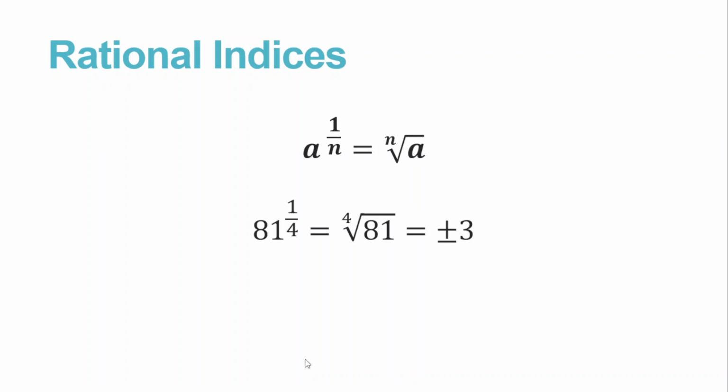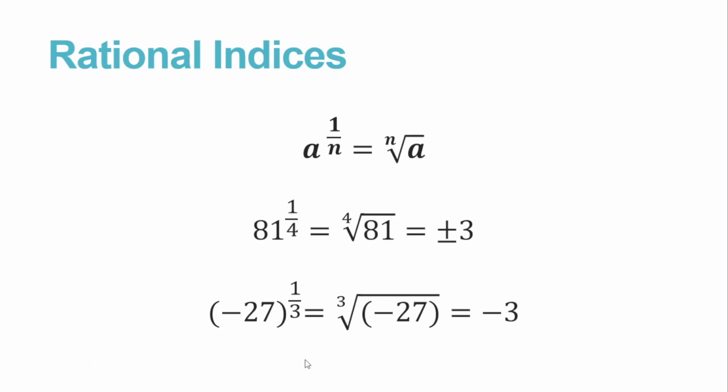Since it's an even root, it will give you both positive and negative answers, except if we have this: negative 27 raised to 1/3.